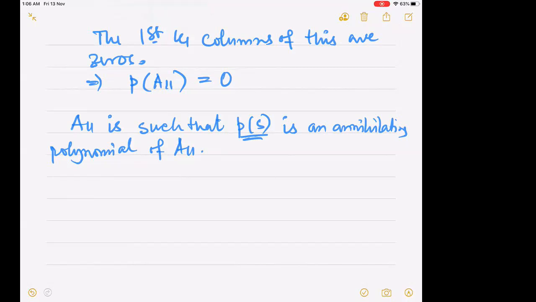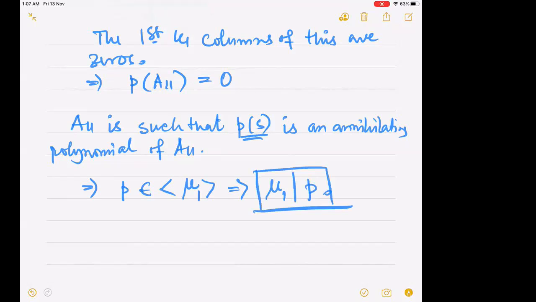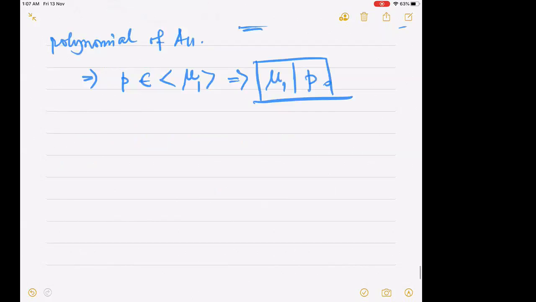So therefore this implies P belongs to the ideal generated by mu1, which of course implies mu1 divides P. Yeah, is that all right? But that's not all. What we would show actually is that P will also divide mu1. But for that, we have to go via this calculation.